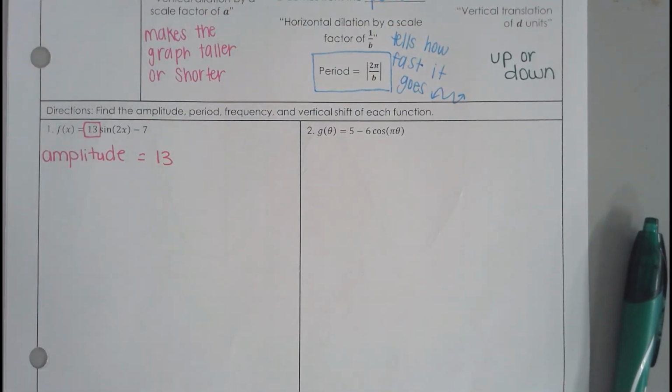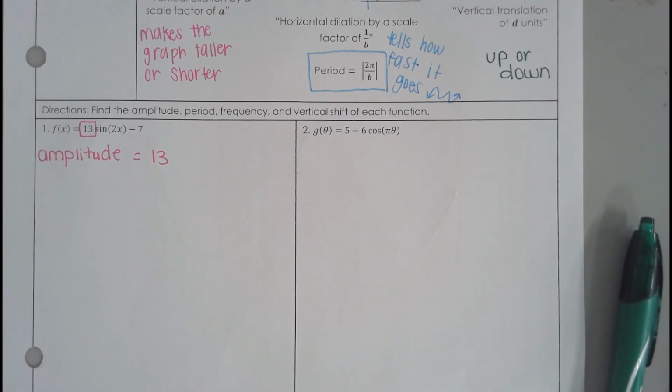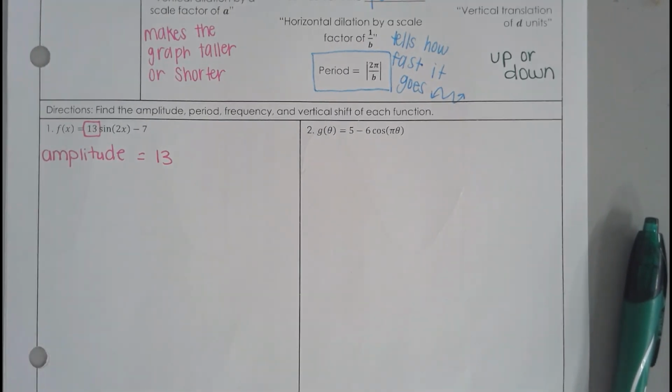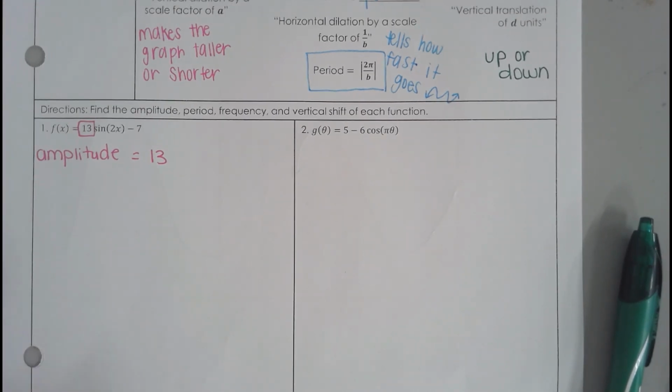If I was looking at a graph, it's the top halfway down. It's half of the height, from top to bottom. What is that exact halfway located?